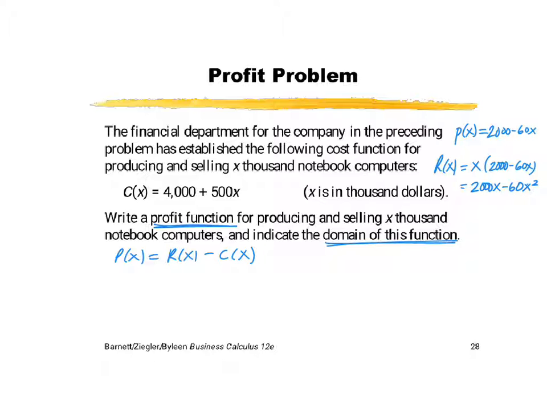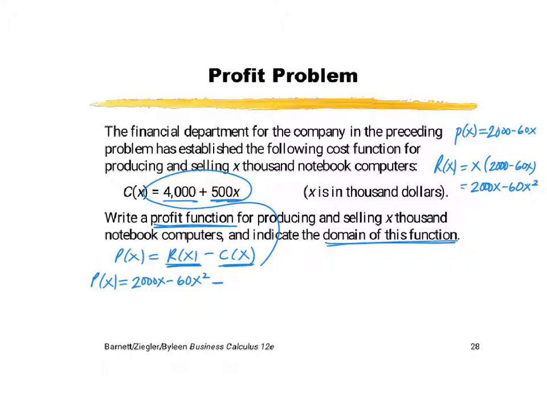squared. Okay, so in order to give our profit function, we're going to replace the revenue function with 2,000x minus 60x squared, and then we want to subtract the cost function, which is given here as the fixed cost of 4,000 plus the variable cost of 500 times x.